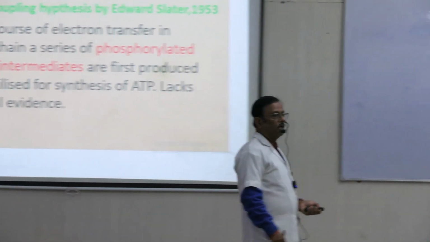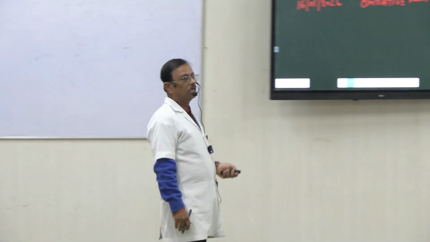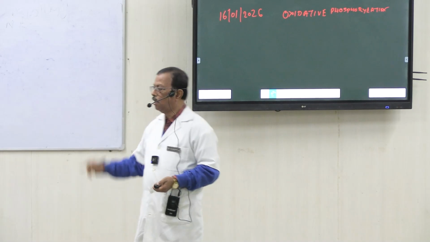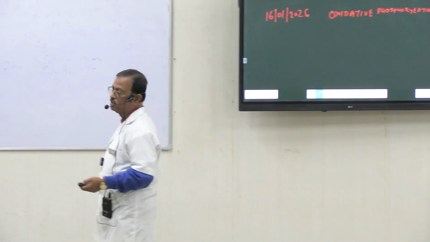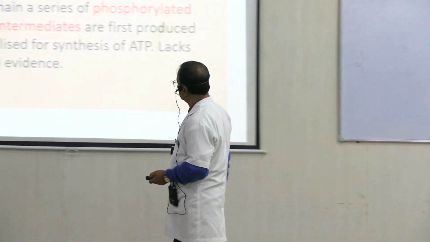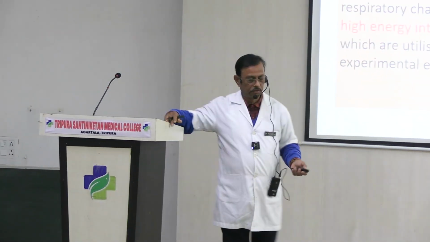But none of the high energy compounds could be demonstrated in the electron transport chain. So this hypothesis is out of order, nowadays it is not accepted because of the lack of evidence.